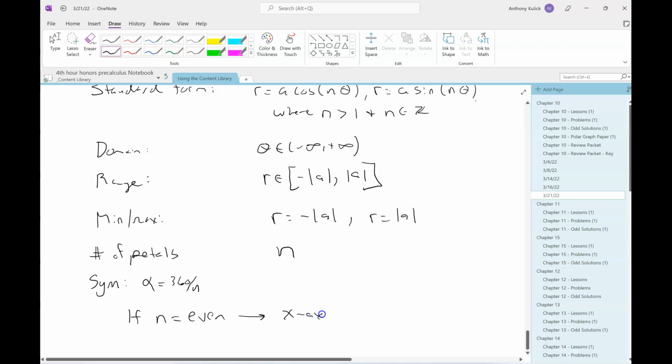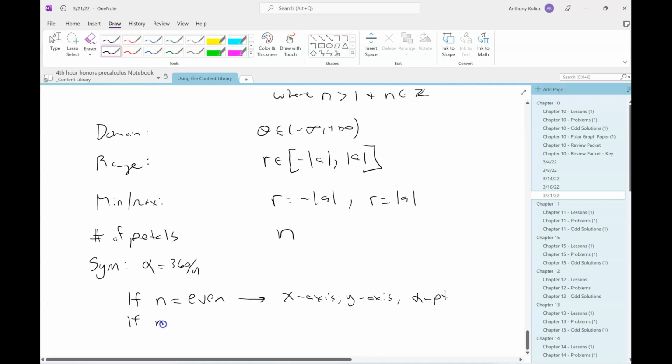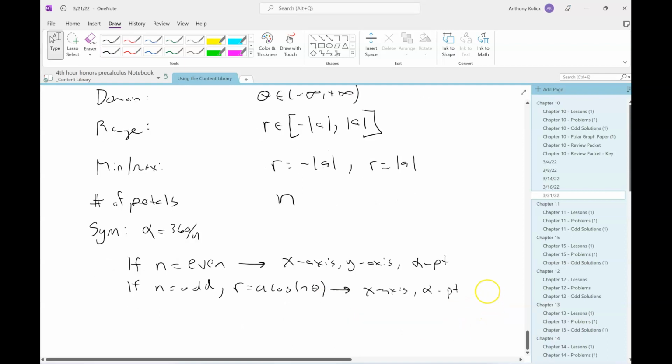We got x-axis, we got y-axis, and we have alpha point. If n is odd, and we're dealing with the cosine version, then we have x-axis and alpha point, but not y-axis.